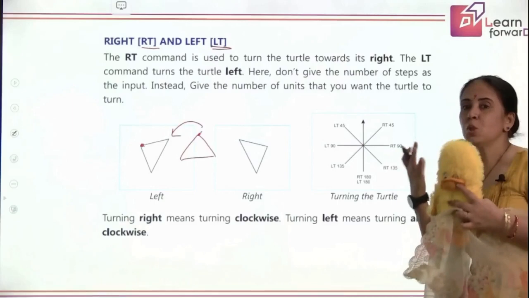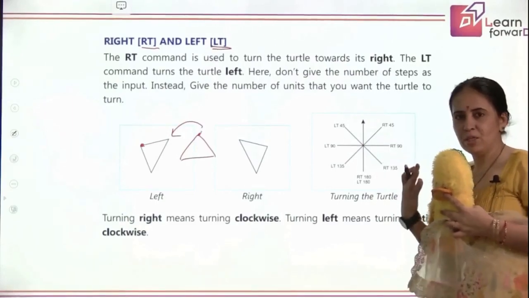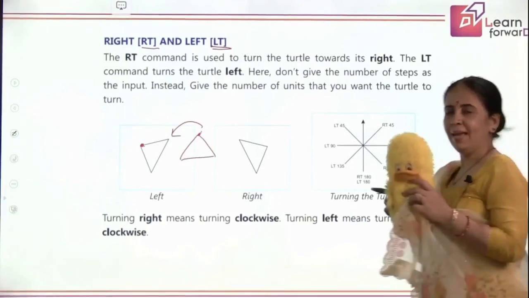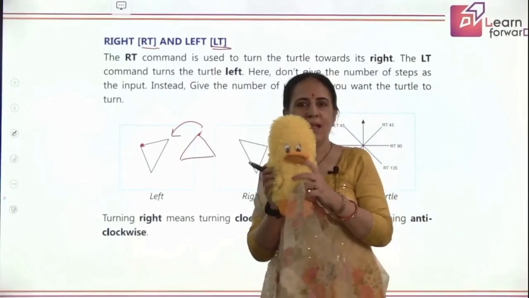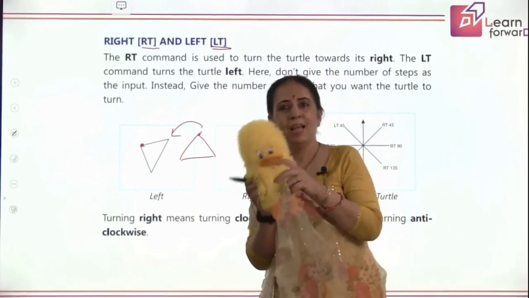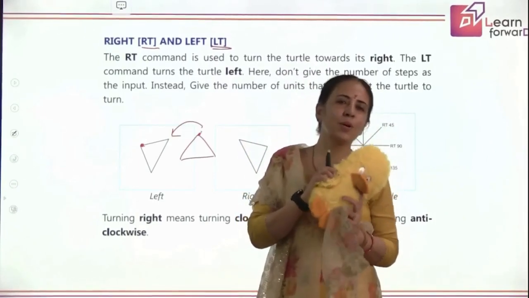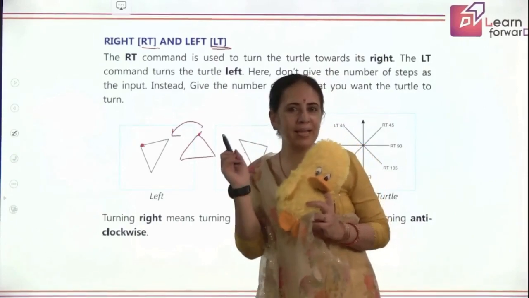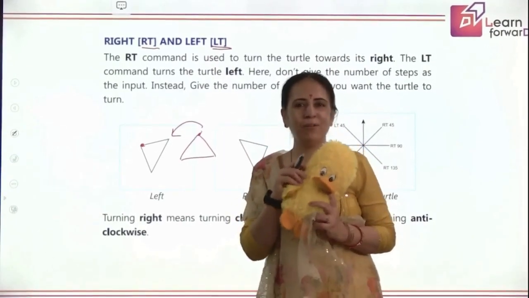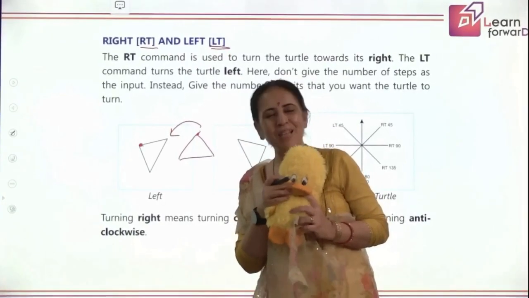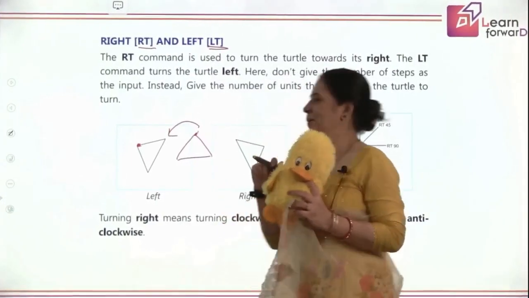Now, how much you want to turn, you have to mention how much angle of turn has to be given. If you tell it to turn left, it will go in this direction. If you tell it to turn right, it will go in this direction. So remember, RT for right and LT for left. Understood? So time to show your thumbs up. Give a big smile. Lovely.